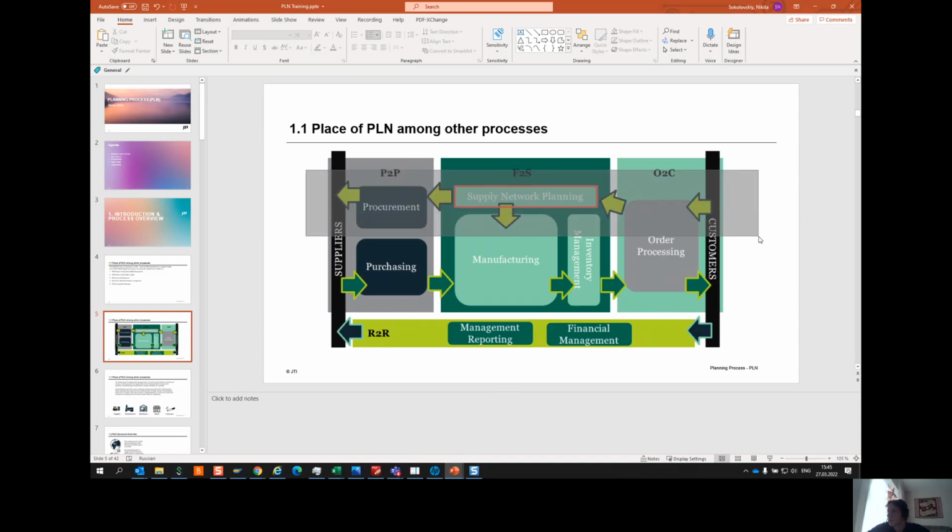But what is this third cycle on the top? That is actually the information flow, which is the most important for our topic, the PLN process. So information also goes the opposite way to the material flow.